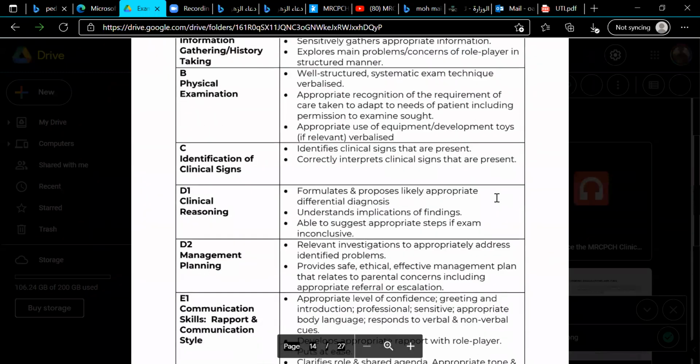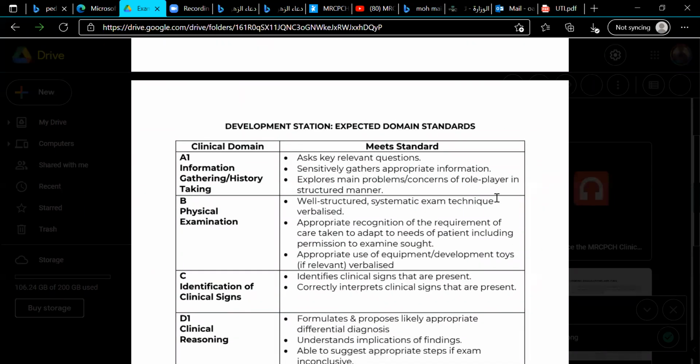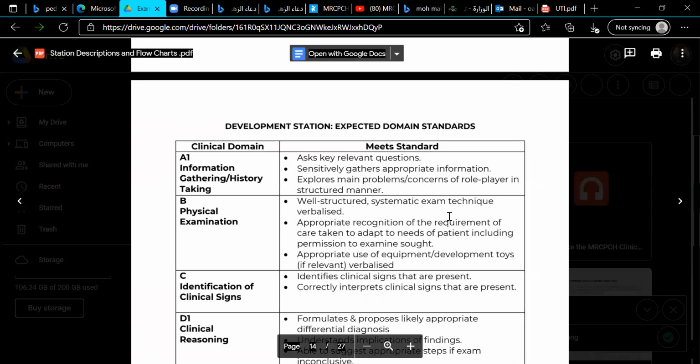So, the important points to meet the standard: you need to explore the main problem and concern of the role player in a structured manner.